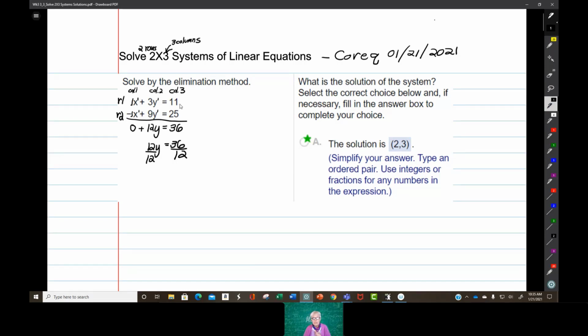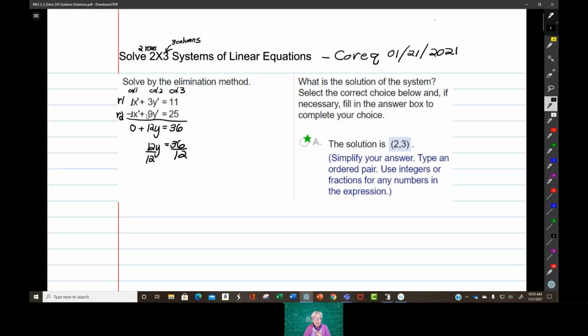Here, I don't have to do anything to the lines, for those of you who have a vague memory of using the elimination method, because I'm going to have 1x plus negative 1x when I add these two columns together. 1x plus negative 1x, or if you prefer, 1x minus 1x, is 0.